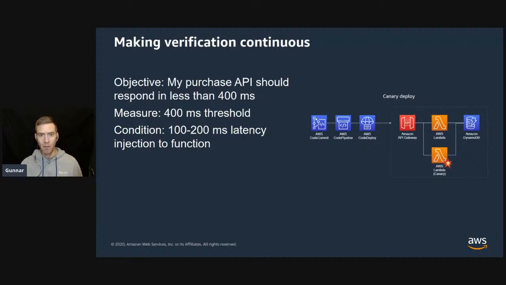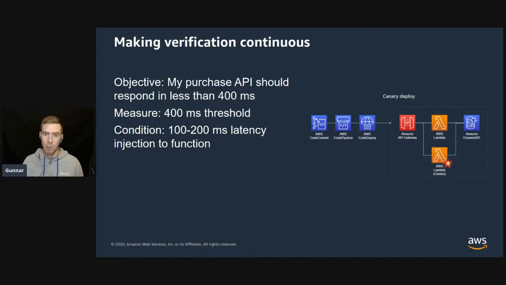So instead of having that condition on all invocations of Lambda, we can add it to, for instance, 10% of invocations. So 10% of invocations will get that condition added, and we're then able to verify on that smaller blast radius if our application behaves as intended. In this case, it's a latency that we're injecting, but think about all of the different conditions that we could add in our application.